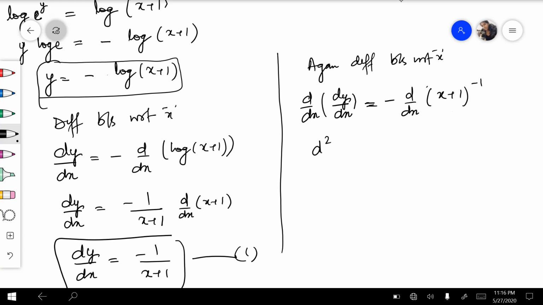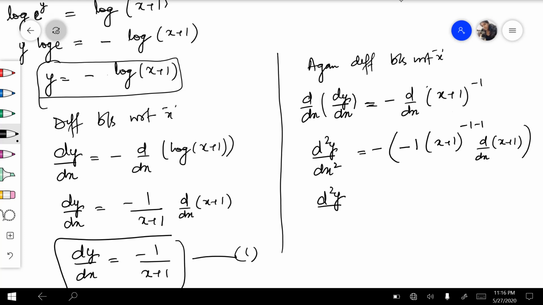So left hand side is d2y upon dx square is equal to minus 1 times the derivative of this term, which is minus 1 into x plus 1 raised to power minus 2 into d by dx of x plus 1, which gives you d2y upon dx square is equal to minus into minus plus, so it is x plus 1 raised to power minus 2, which is nothing but 1 upon x plus 1 whole power 2.